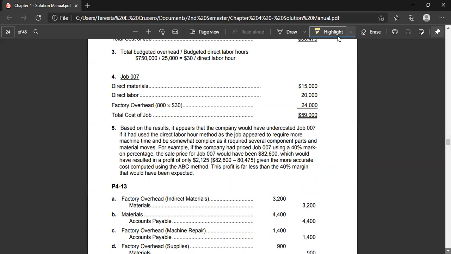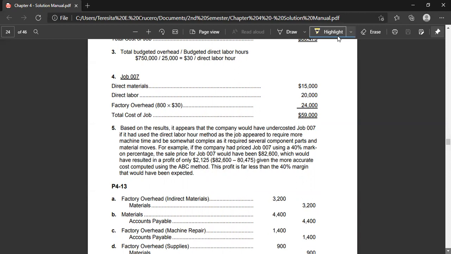assume Mansfield used the direct labor hour method to apply factory overhead to job 007. Determine the predetermined factory overhead rate using the direct labor hour method.